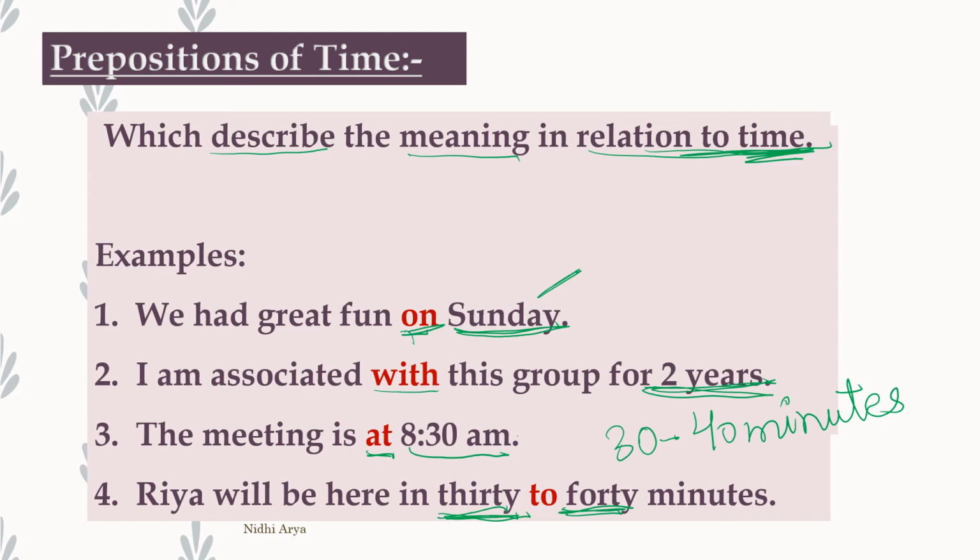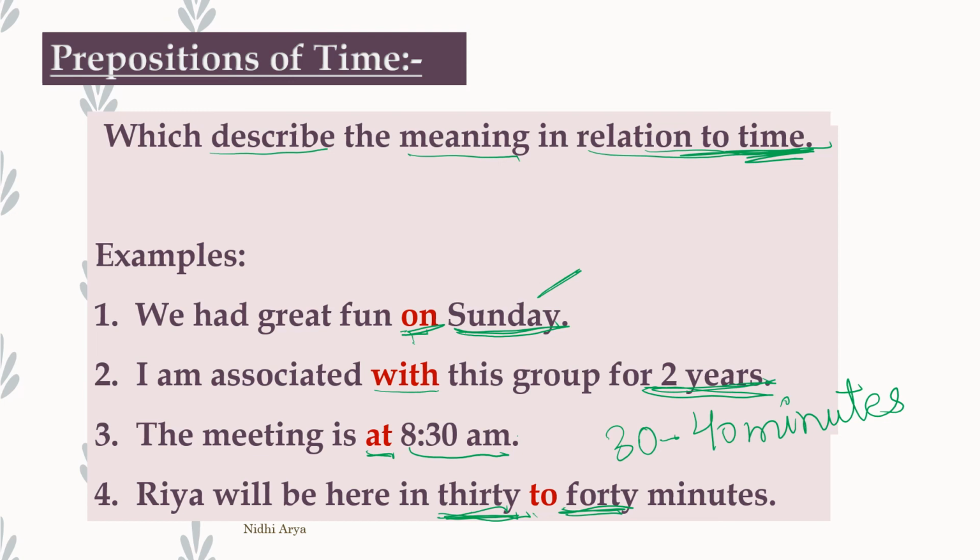So all these prepositions, on, with, at, to, in these sentences, are used as prepositions of time, but they can also be used as prepositions of place. जो prepositions होते हैं वो ऐसा नहीं होता कि कोई एक ही preposition वो तो हमेशा preposition of time होगा कि वो हमेशा time बताएगा, या कोई preposition हमेशा place बताएगा.